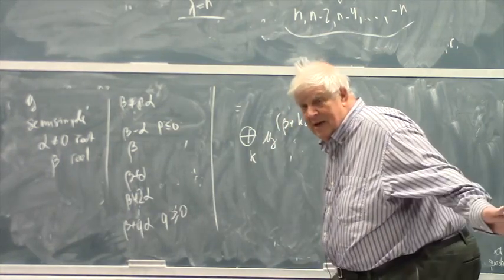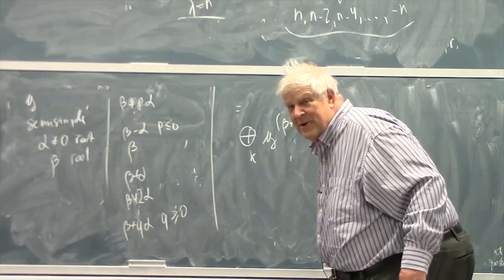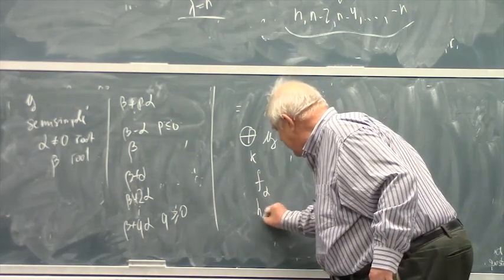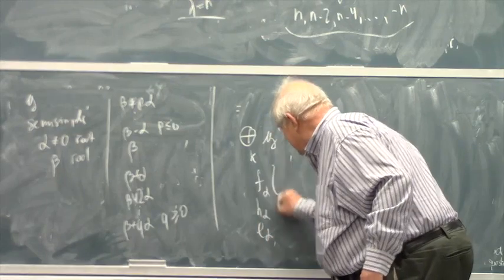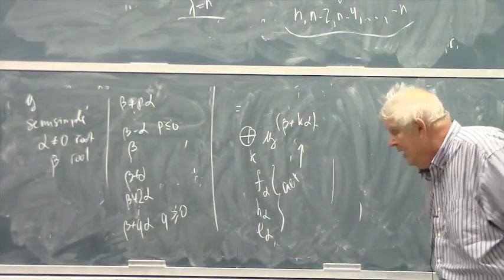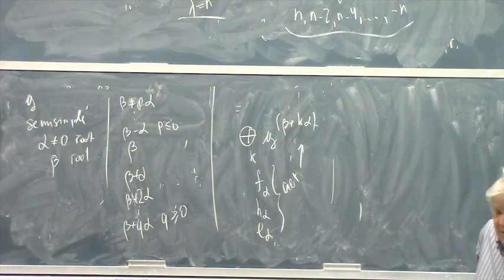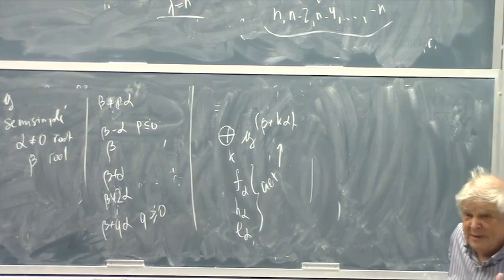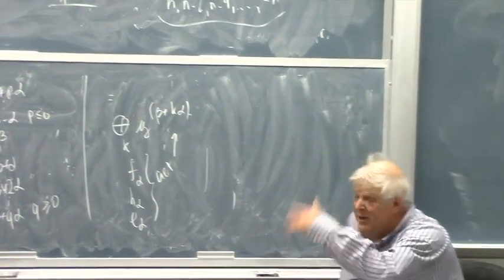And I say, and you should agree or disagree, that our operators f alpha, h alpha, and e alpha act in this space. What does e alpha do? It shifts the root space to another root space, the same as before, plus alpha. It is all here.